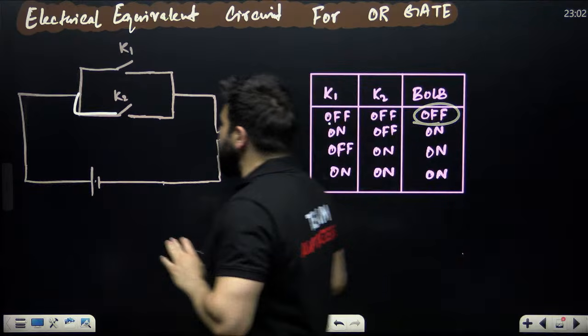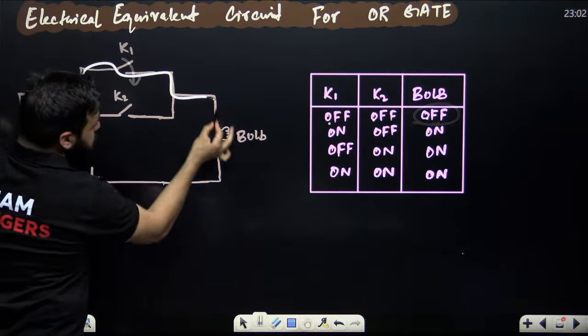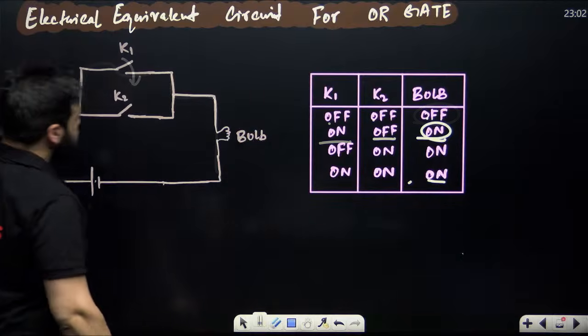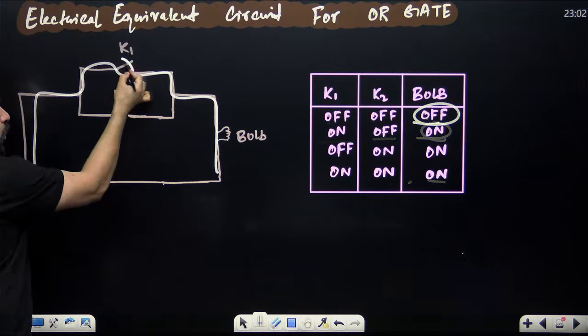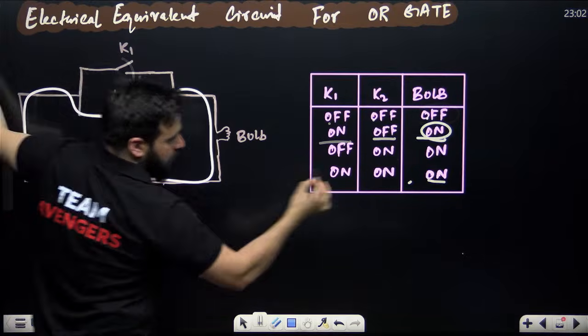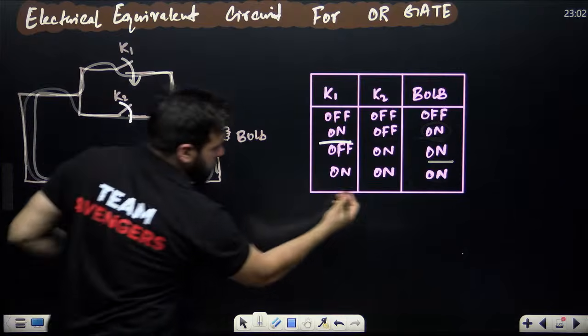Let's suppose you keep this on, now current can flow through this path. This is on, another is off, bulb is on. Let's suppose you keep this as off and you keep this on. Now current can flow through this path, bulb remains on. Now if both are on, current can flow through both, bulb remains on.